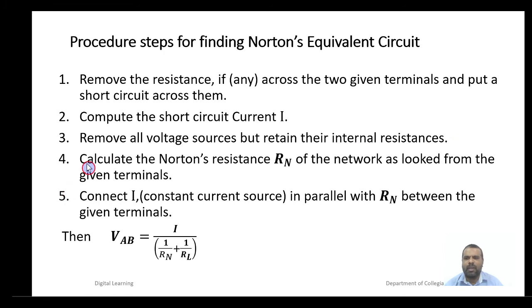Fourth step is calculate the Norton's resistance Rn of the network as looked from the given terminals. Fifth step, connect I, a constant current source, in parallel with Rn between the given terminals. Then VAB is equal to I divided by 1 by Rn plus 1 by RL.